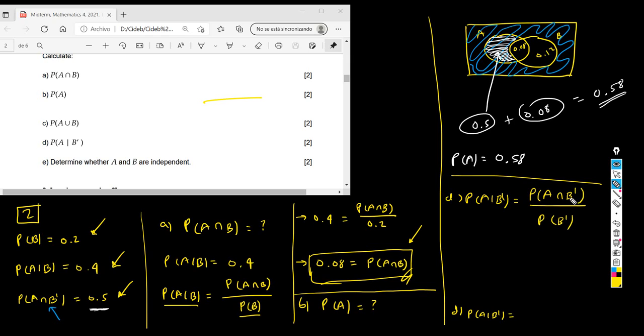Okay, so let's see. Do I have this? Yes, we do have the probability of A and B prime. It's right here, 0.5. Do I have this? Not technically, but I can get it. It's very simple. If I know that the probability of B is 0.2, that means that the probability of B prime is 0.8. And I'm done.